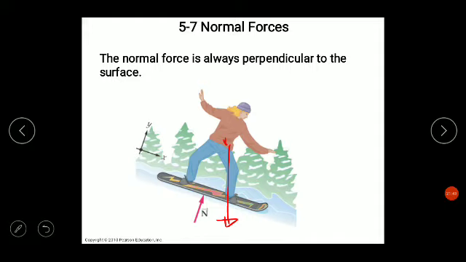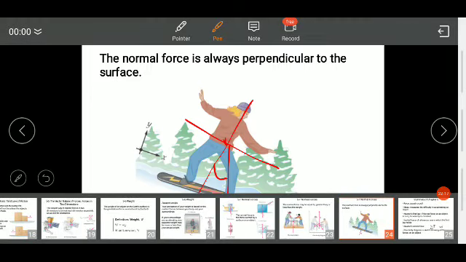Okay, so maybe they are at certain angle theta. So that's the thing that we are going to resolve, because the weight should be decomposed into components. Okay, so how are we going to decompose that? Of course, we have to apply the concept of trigonometry.